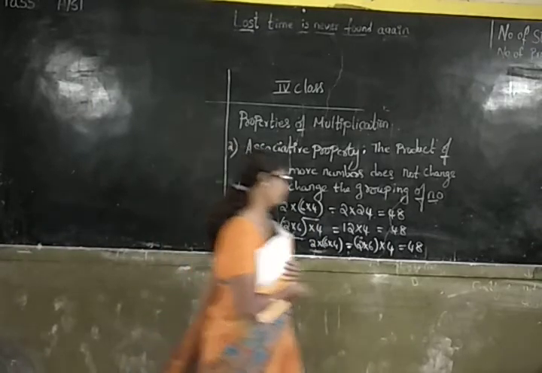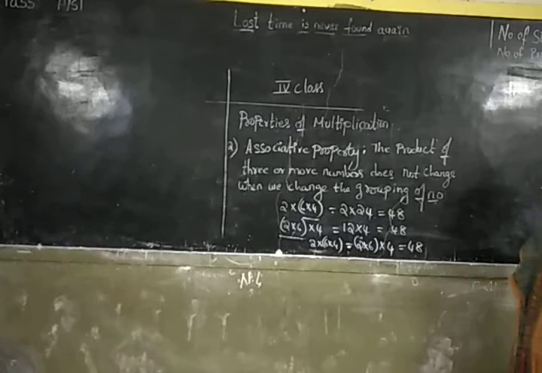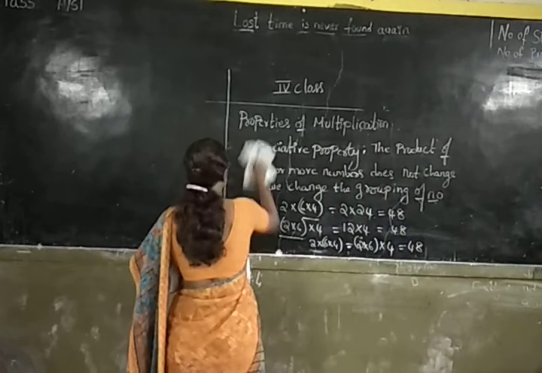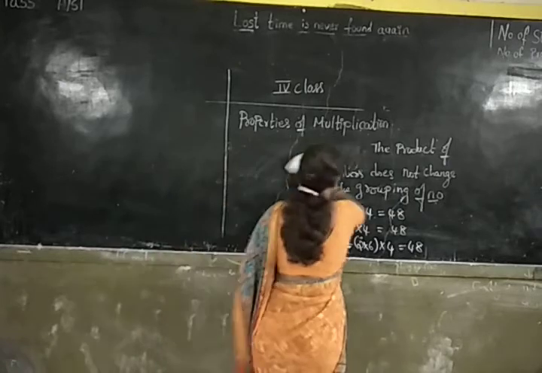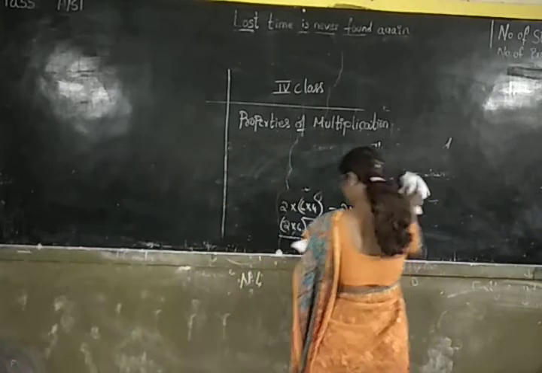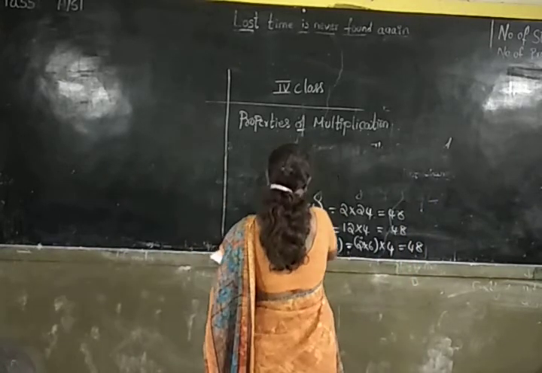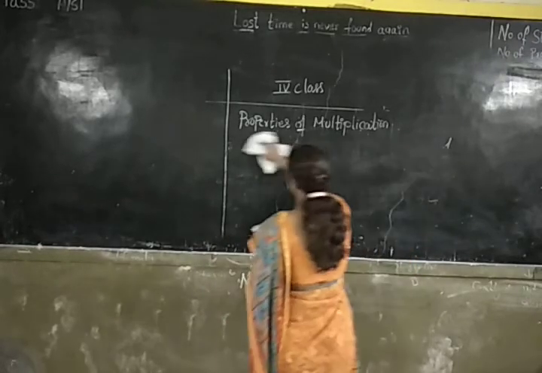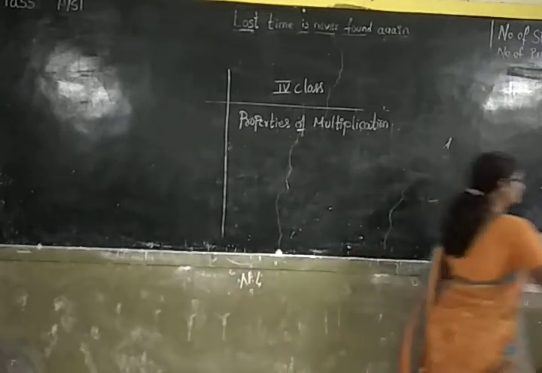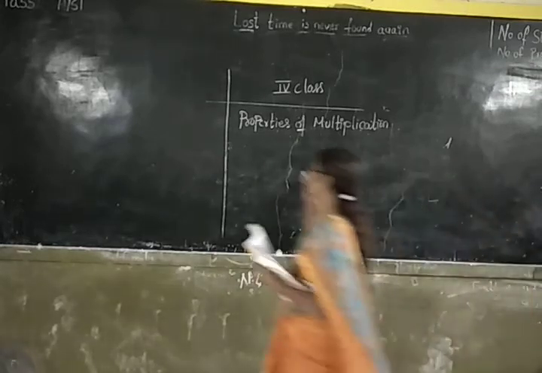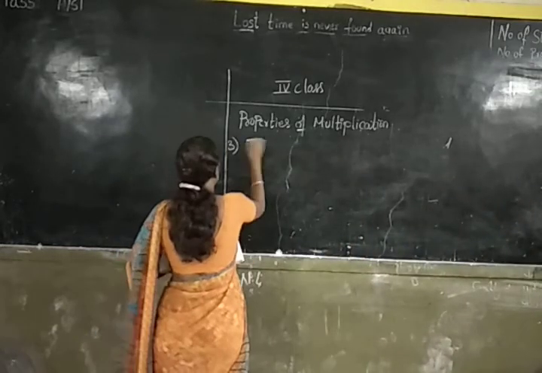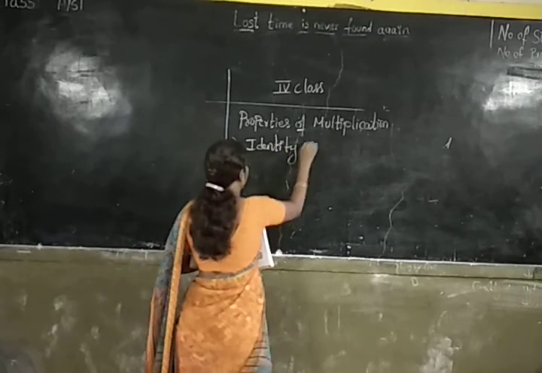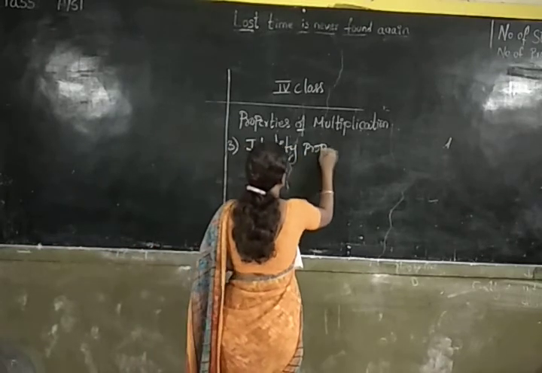Okay children. Now let us move to the next property, which is the identity property. The third property is identity property.